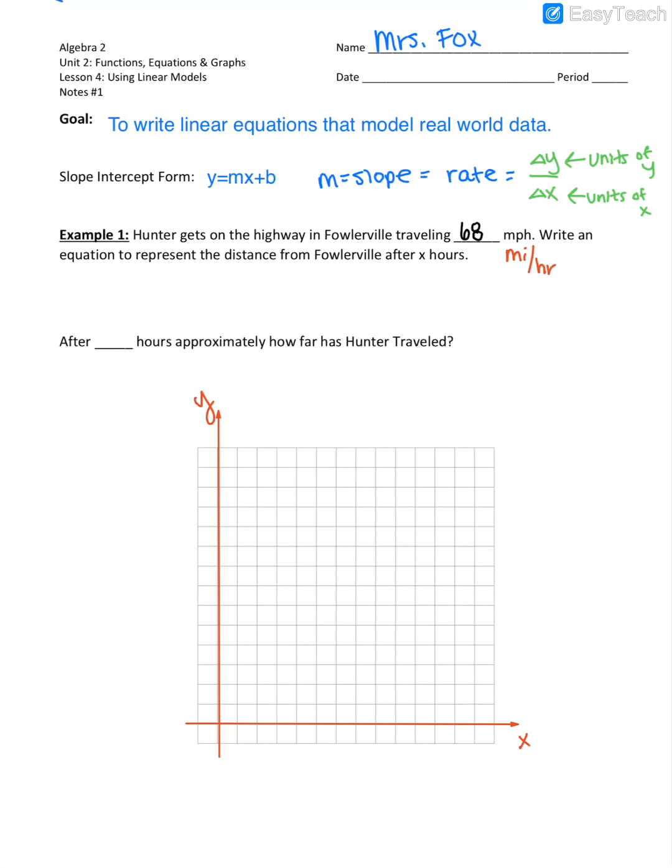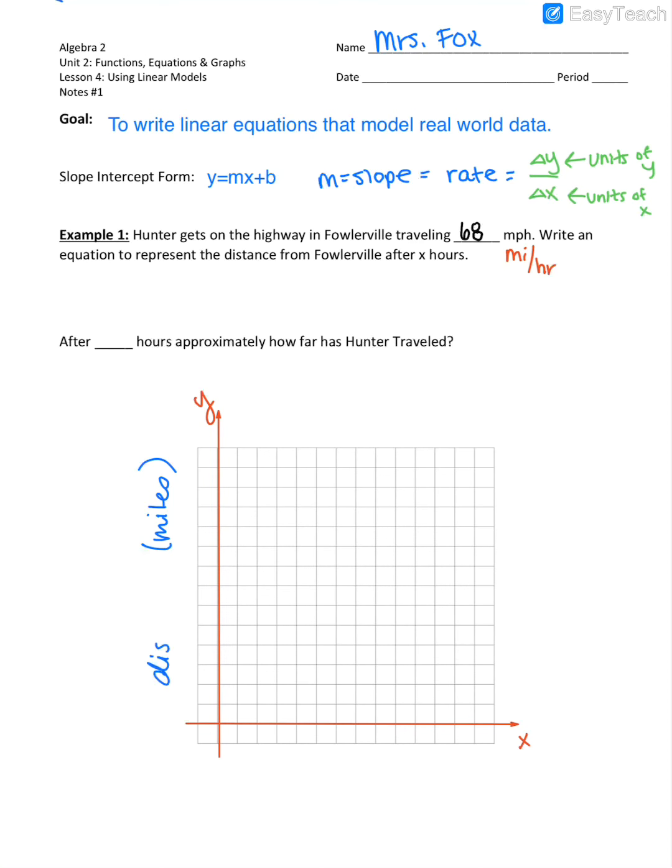Based on the fact that we were going 68 miles per hour, miles is the top. When you're doing rise over run, the y is your rise, so that means our y-axis is being measured in miles. So when I label my y-axis, I am measuring it in miles.